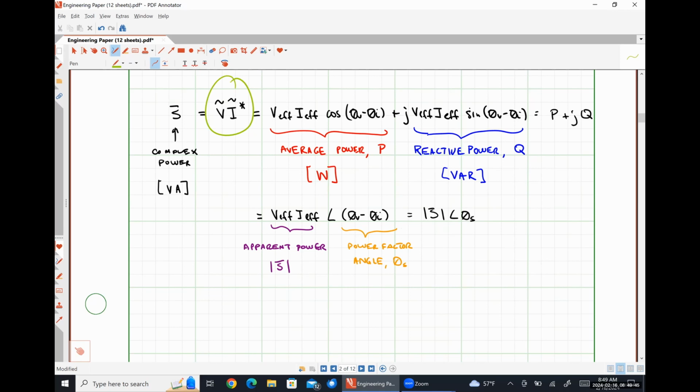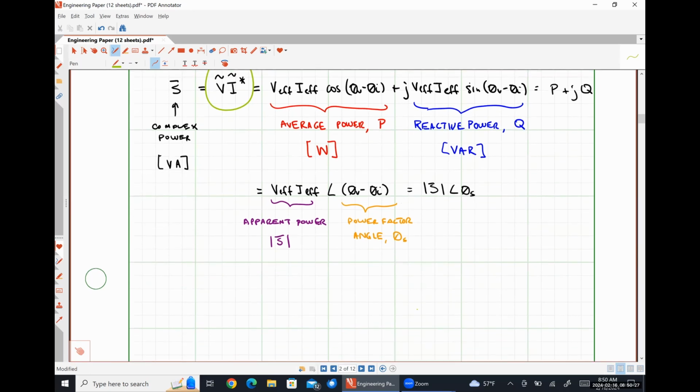If you tell it to output the result in polar form, you have apparent power and power factor angle. So there's really no need to memorize all of these equations. Having these individual equations is completely and utterly pointless, in my opinion. I always just calculate complex power and then take the part that I need. That's the approach I'm going to take. I'm not saying you're wrong if you memorize all these equations. I'm saying you've wasted time.